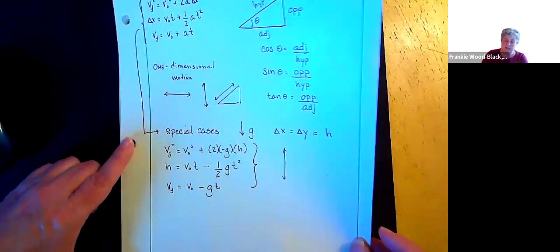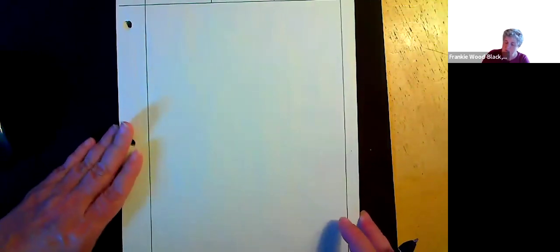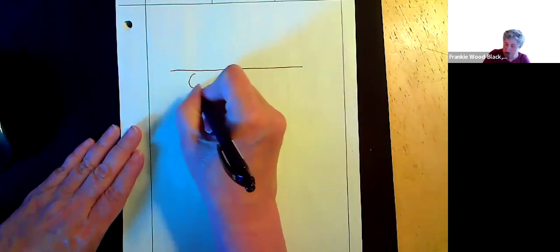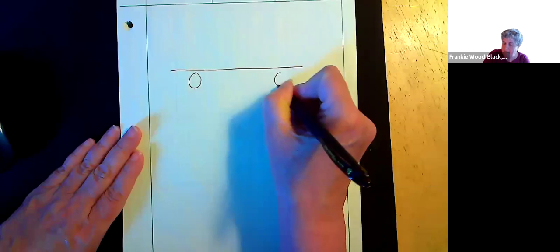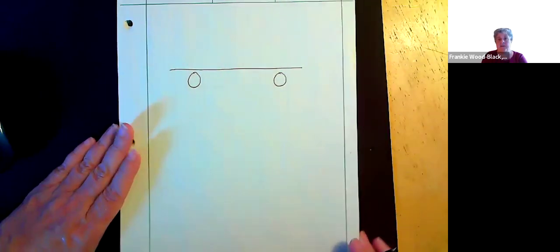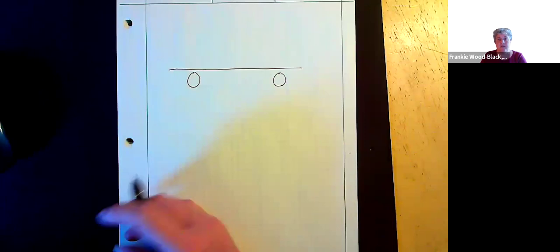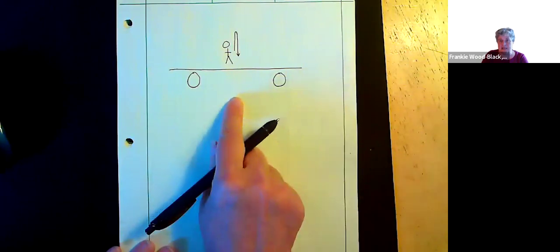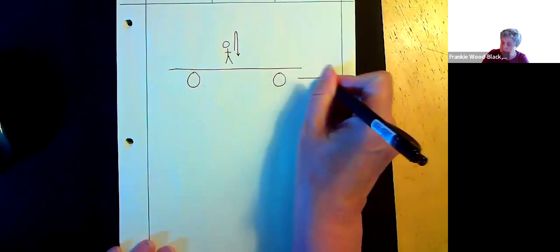So what we're getting ready to do, let's think of this situation. I'm on a train. I actually have a couple of example videos on this. I'm a person on the train, and I toss my ball up and my ball comes back down, whether my train is standing still or my train is moving along.